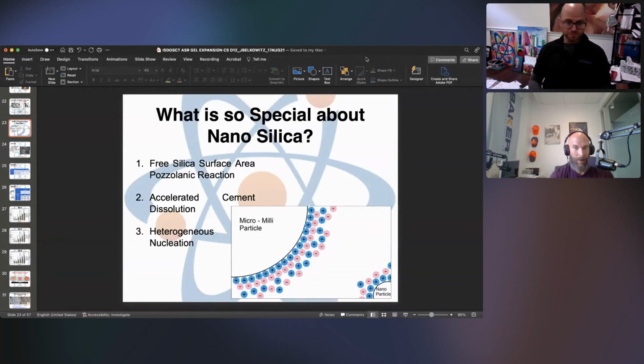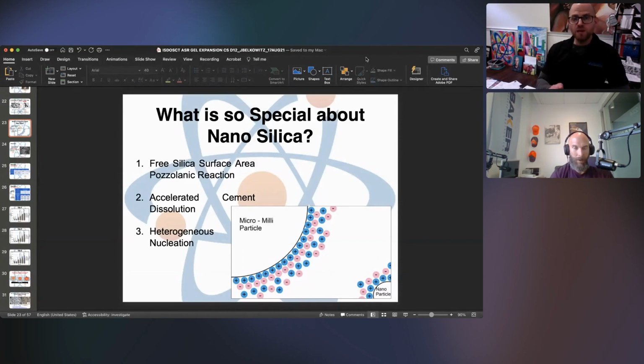So there are three things that we care about. One is, since it is a silica, since it's amorphous, it will react in the classical way that we know, called the pozzolanic reaction. But because it's so small, and because the force field over it that keeps it in suspension is small, that pozzolanic reaction happens instantaneously.